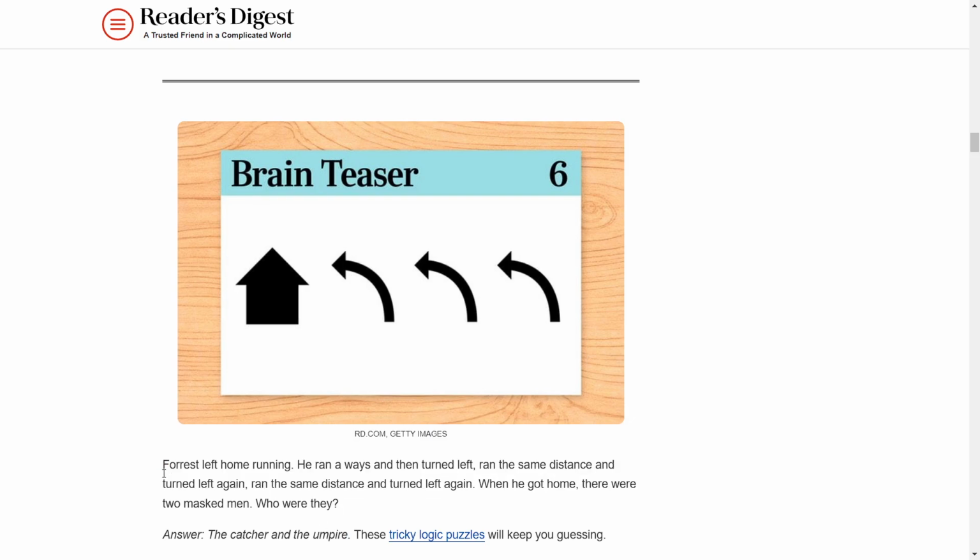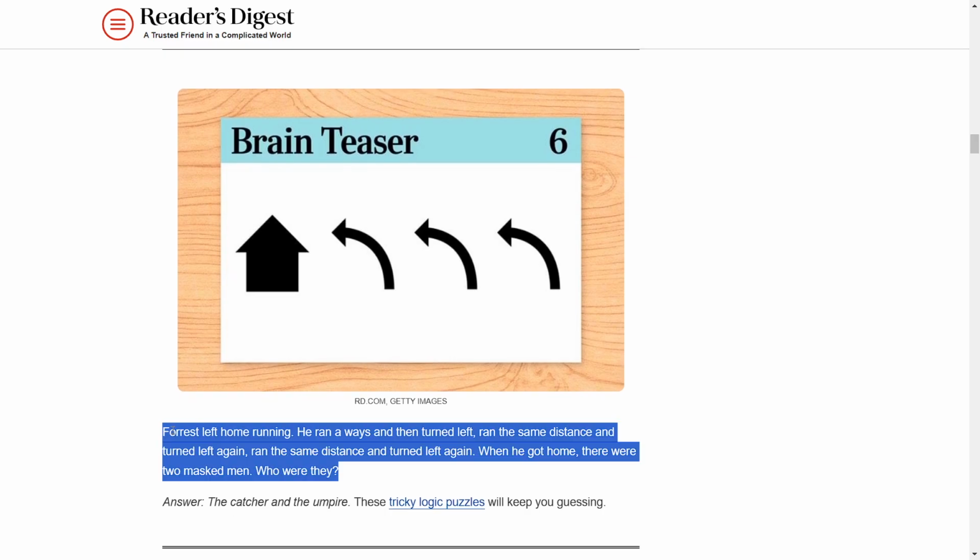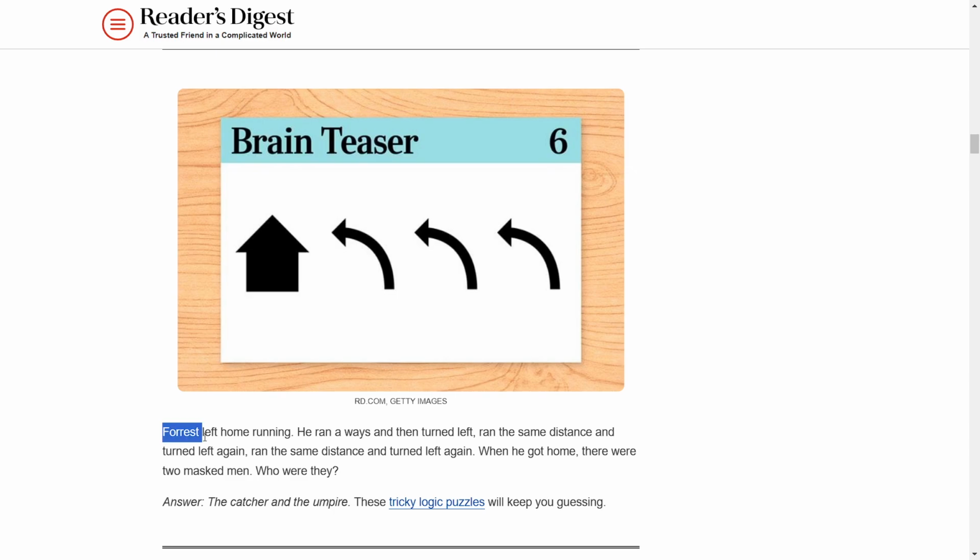Okay. And Forrest, maybe that's a famous baseball player, and that's the tip. But yeah, I would not have guessed that one.